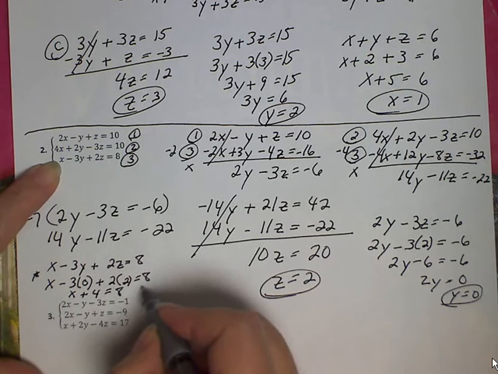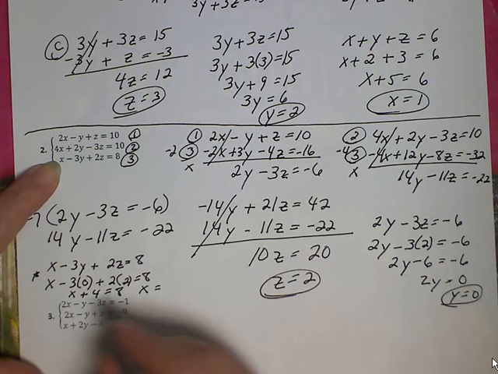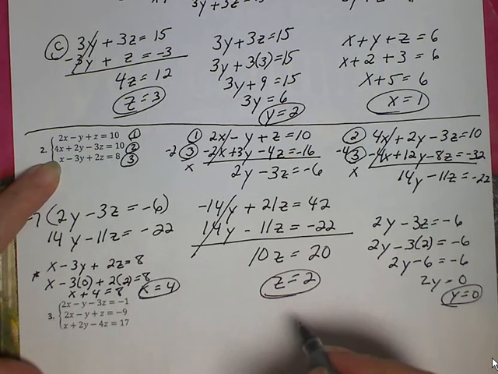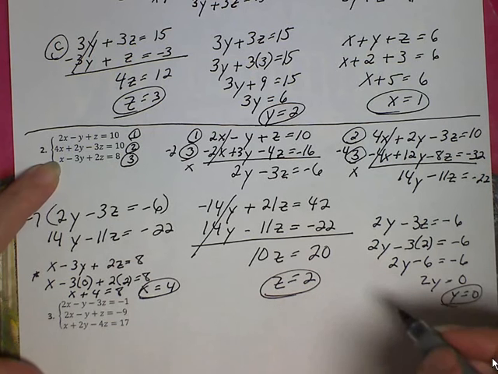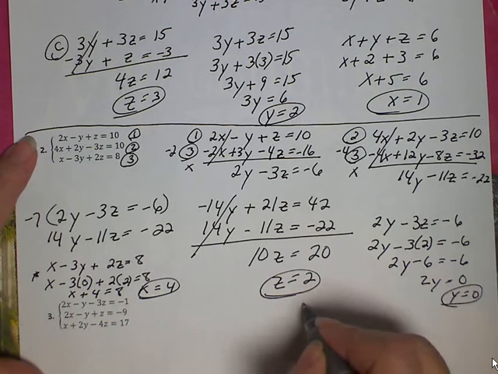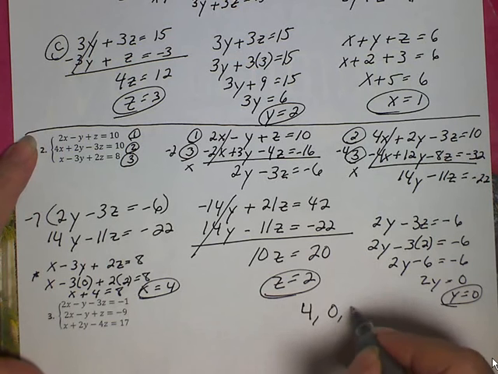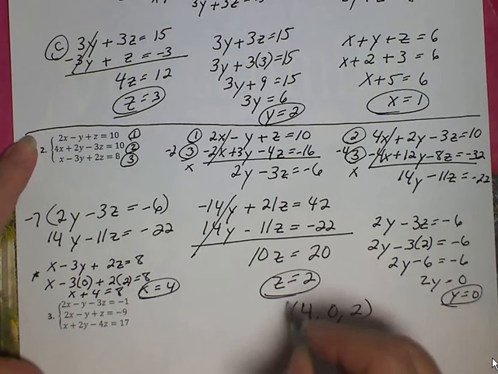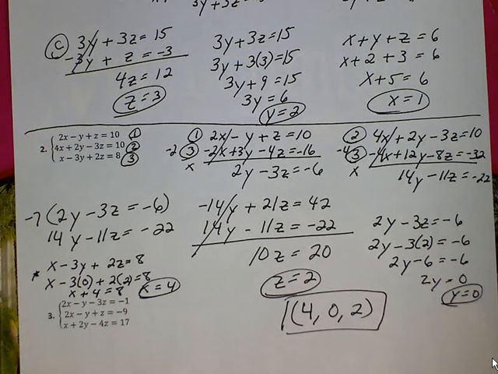So x is 4. So our point, final answer for that one is x, y, z. So x is 4, y is 0, z is 2. So 4, 0, 2. And that's right.